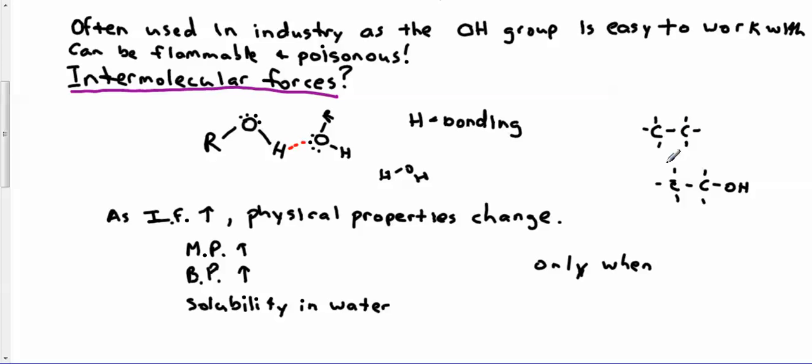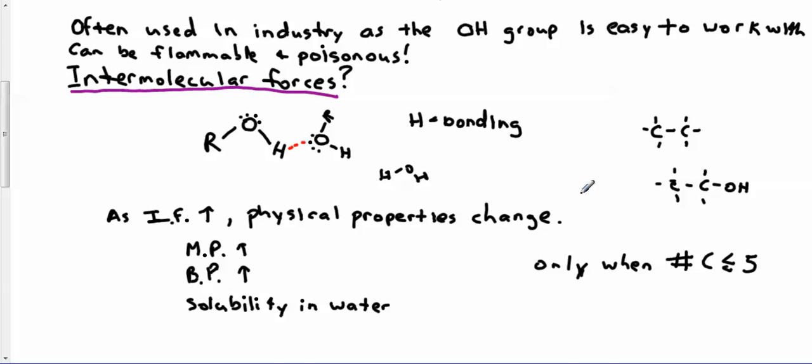It would have a higher boiling point. It would be more soluble in water, but only when the number of carbons is less than or equal to 5. So this would work for methanol, the 5 carbon chains.